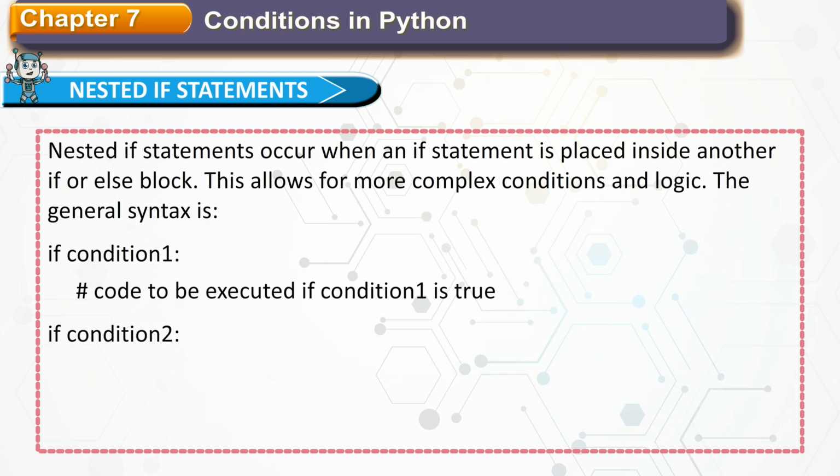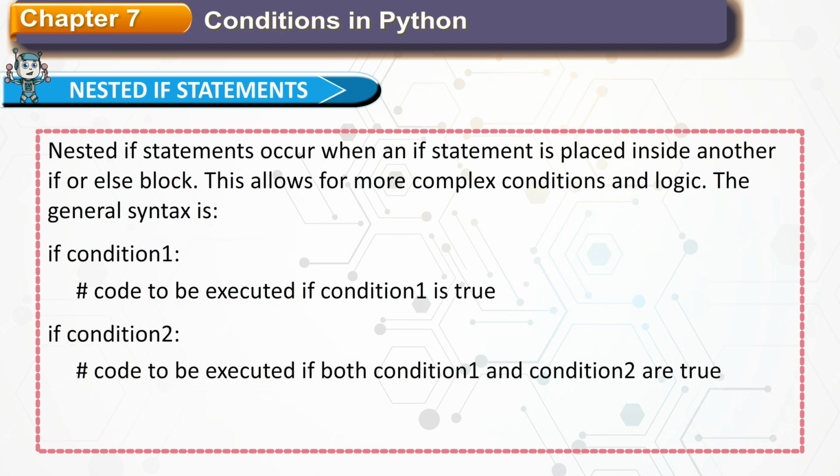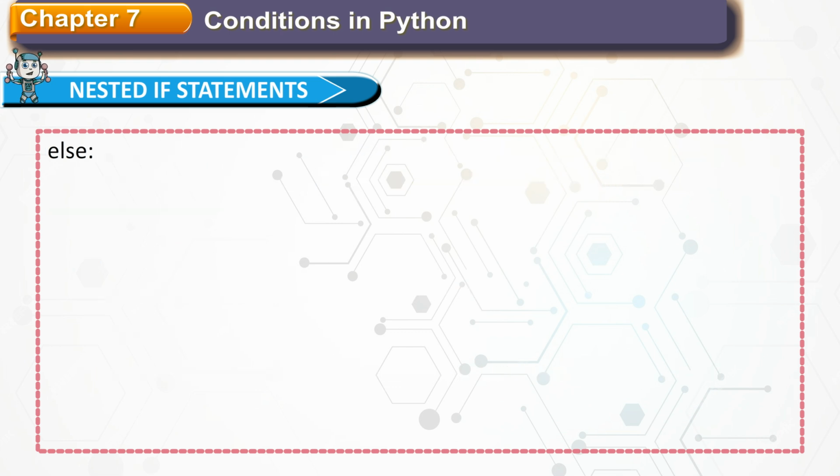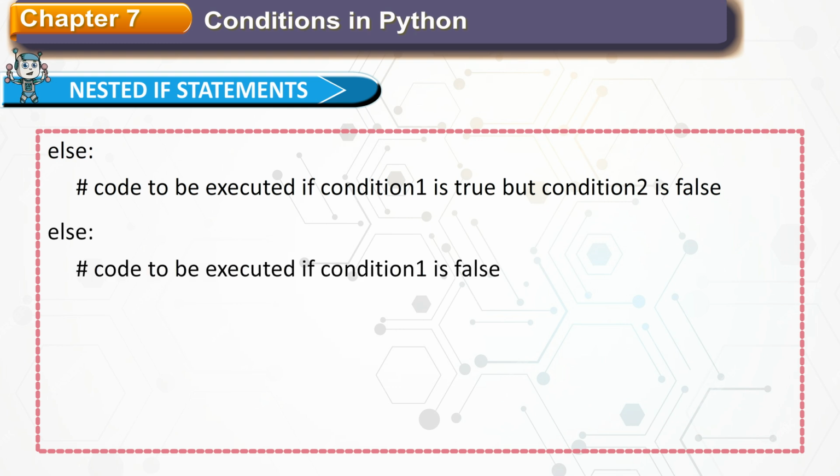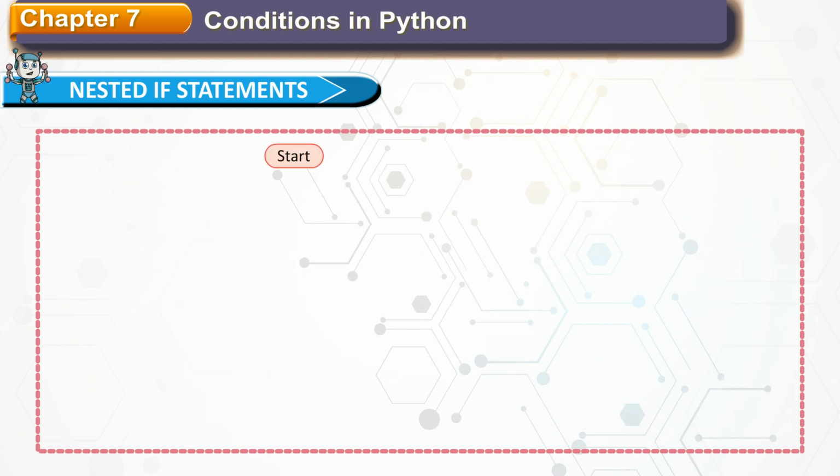If condition 2: # code to be executed if both condition 1 and condition 2 are true. Else: # code to be executed if condition 1 is true but condition 2 is false. Else: # code to be executed if condition 1 is false.